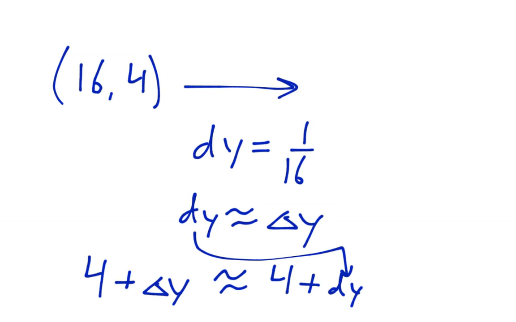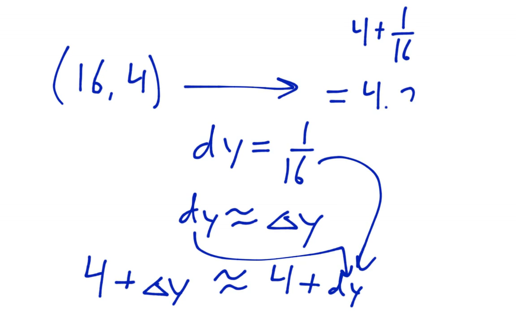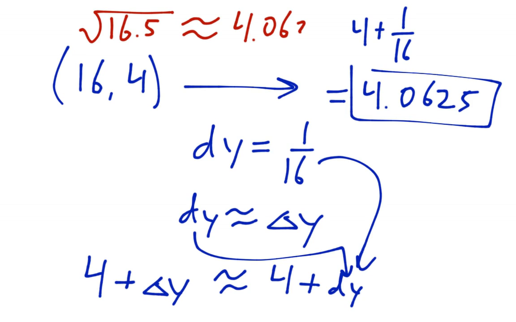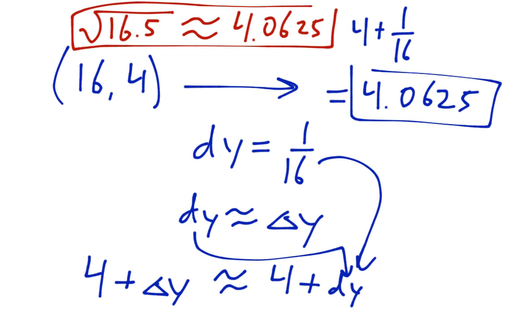I'm just substituting dy in for delta y, and dy was 1/16. So we have 4 plus 1/16. If you know your fractions, you know that this is 4.0625. The significance of this is that we just estimated the square root of 16.5 is approximately equal to this number, 4.0625. And you just estimated that to like 4 decimal places.